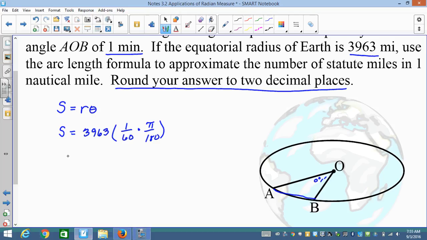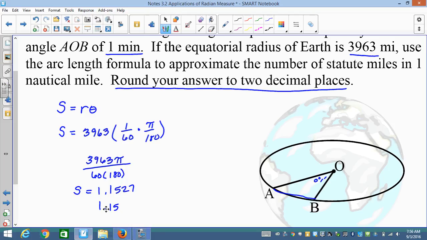So if we throw all of that into the calculator, if you're using the alpha y equals, you're going to do 3963 pi over 60 times 180. And you're going to get S equals 1.1527, so to two decimal places, 1.15.